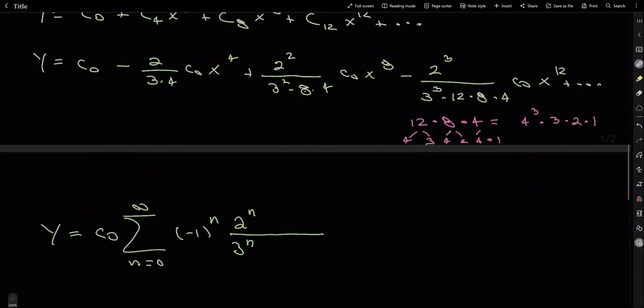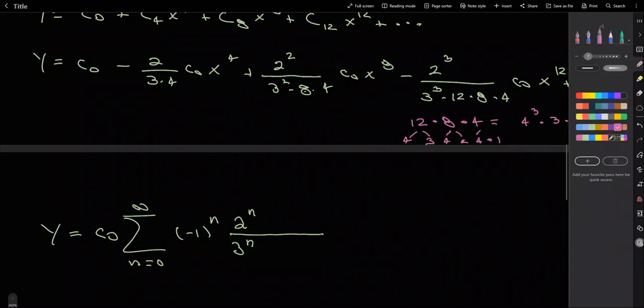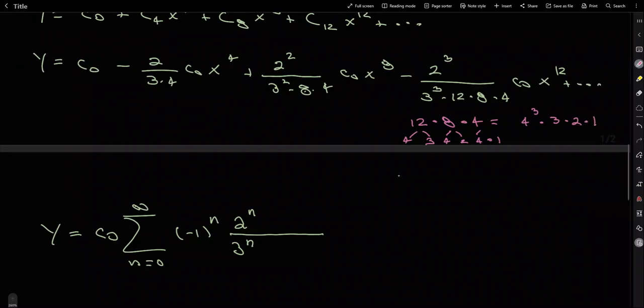So I'm going to rewrite this whole term on the following page. The 2 cubed divided by 3 cubed times 4 cubed times 3 times 2 times 1. This would be the n factorial, the same n as the power n of 4, 3, and 2.